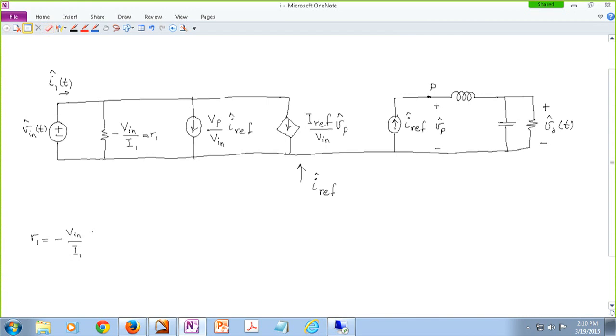Let me start with this. Let's say input power under steady state conditions is the same as the output power. So Vn times I1, which is the input power to the buck converter, is the same as the output power.